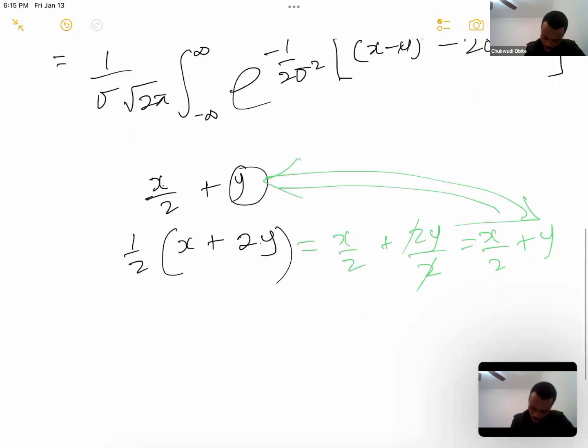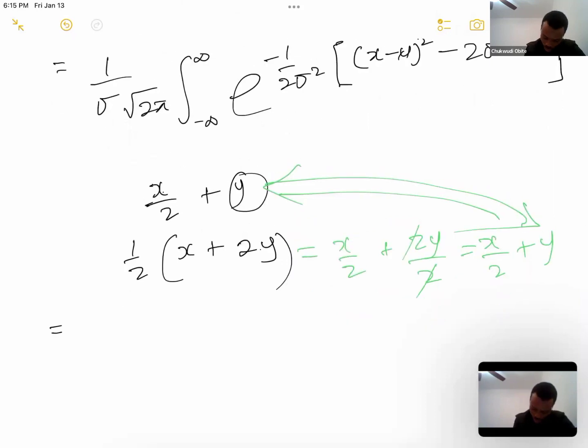So back to what I was solving. We'll have 1 over sigma square root of 2 pi, the integral from minus infinity to infinity of e raised to the power minus half sigma squared.